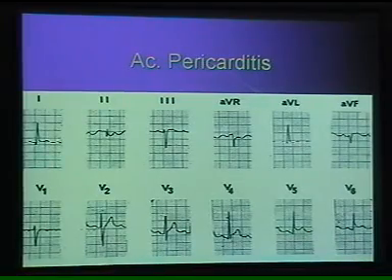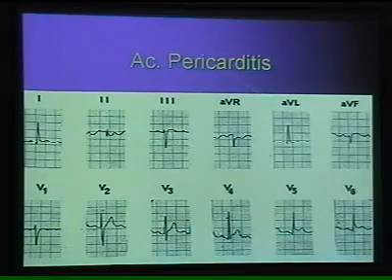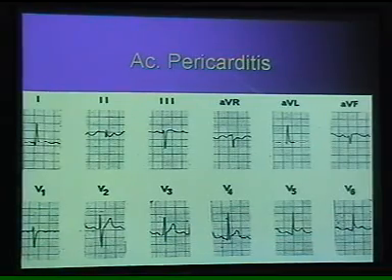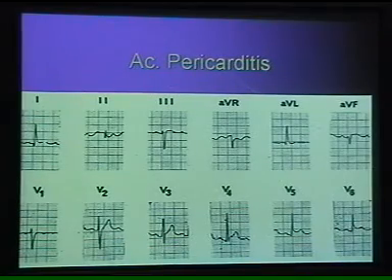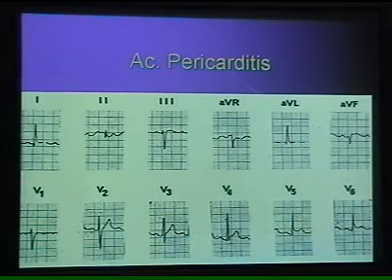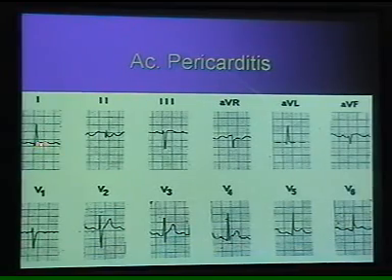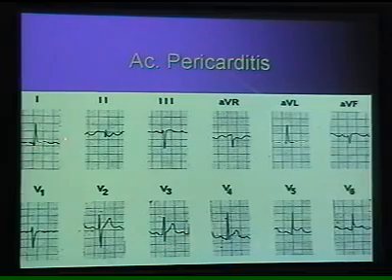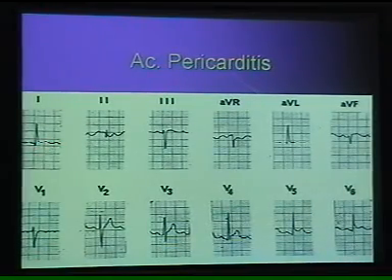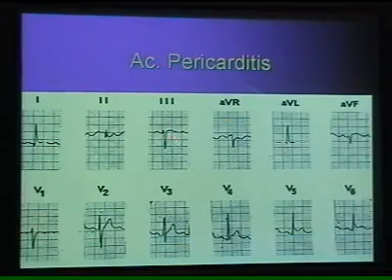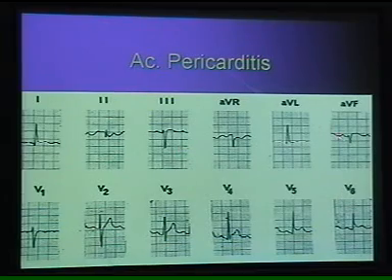Now the important thing is that this ST segment elevation has to be distinguished from the ST segment elevation of myocardial infarction. Unfortunately, the tracing in the infarction was not so clear to show you, but the fundamental difference is that here the ST segment elevation is concave upwards and is not associated with corresponding depression in the opposite lead like lead 3 or in lead AVF.